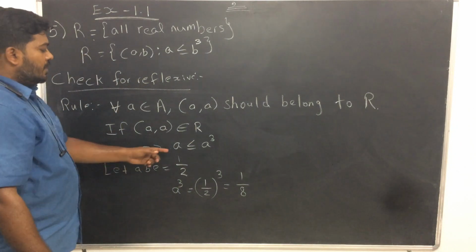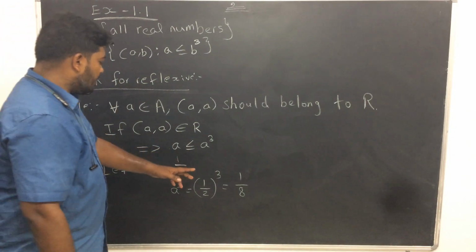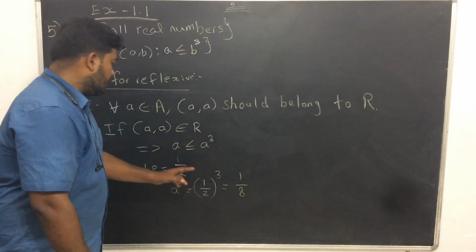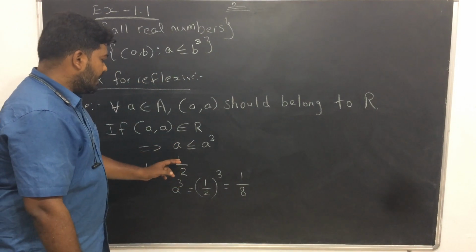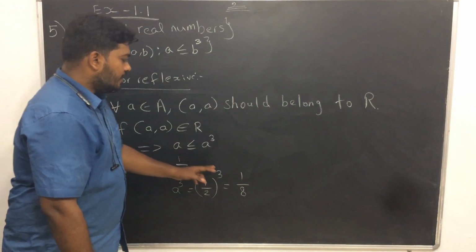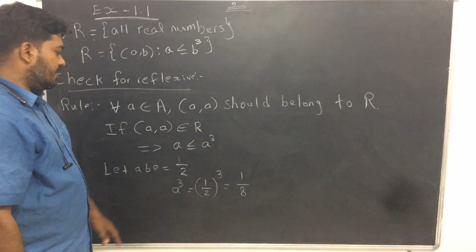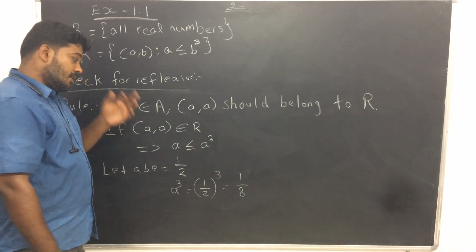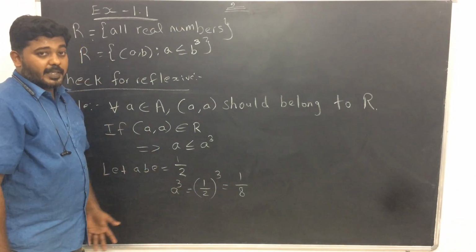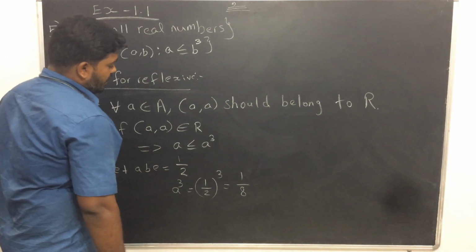Is 1 by 2 less than or equal to 1 by 8? The answer is no. 1 by 2 is greater than 1 by 8. It is not less than or equal to 1 by 8.